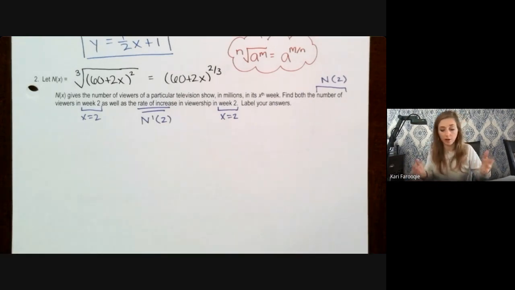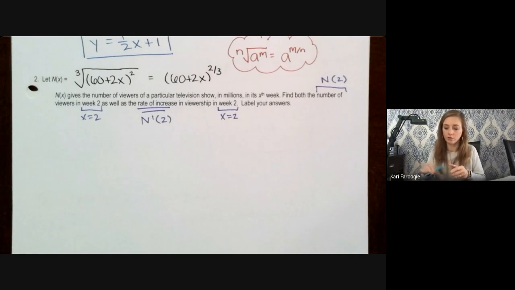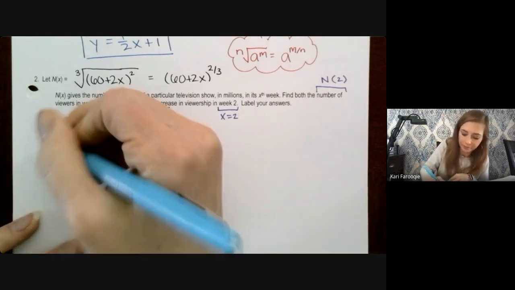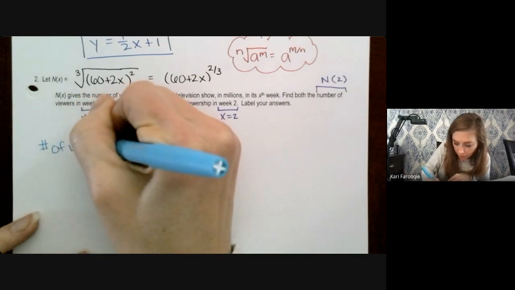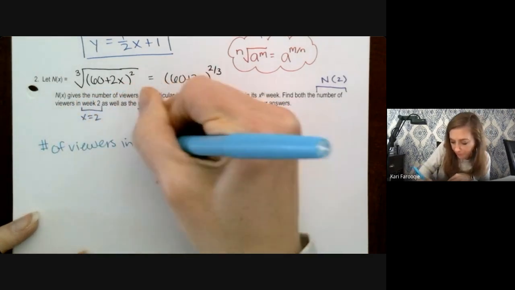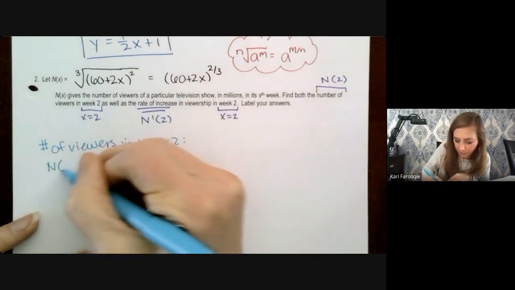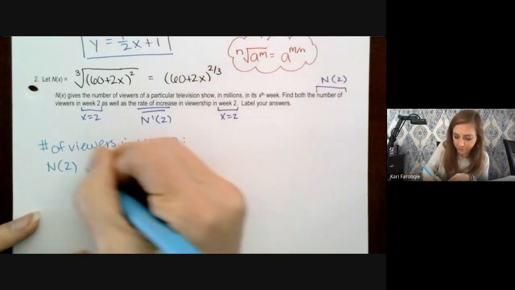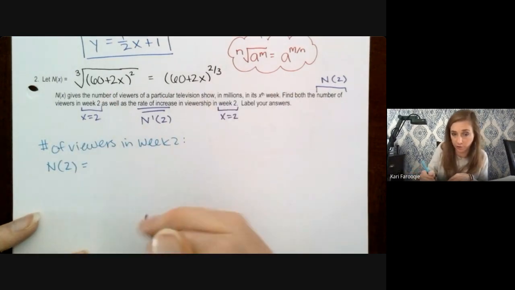All right. So a couple things we need. Right now we can go ahead and answer the first question. We might as well, right? Find the number of viewers in week 2. Number of viewers in week 2. That's n of 2. And since you're probably going to be putting this in your calculator, you can do this either way.